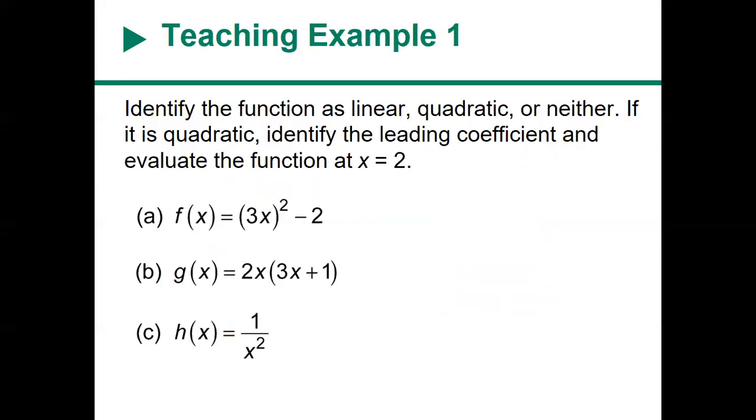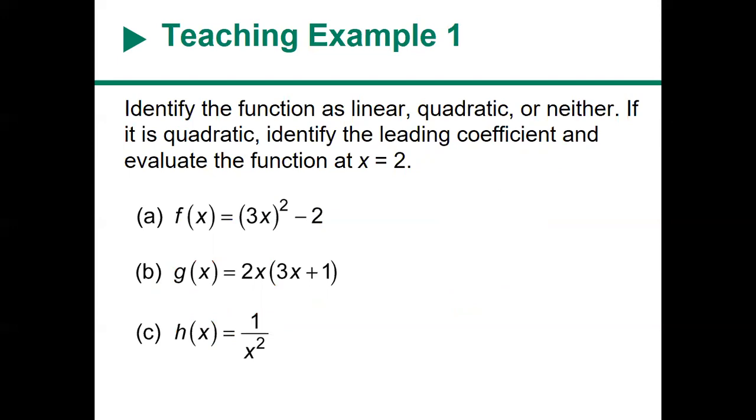All right, so looking here, we're going to determine whether the functions represent a linear, quadratic, or neither. If it is a quadratic, identify the leading coefficient and evaluate the function at x equals 2. All right, so part A, is it a quadratic? Yes, it is.